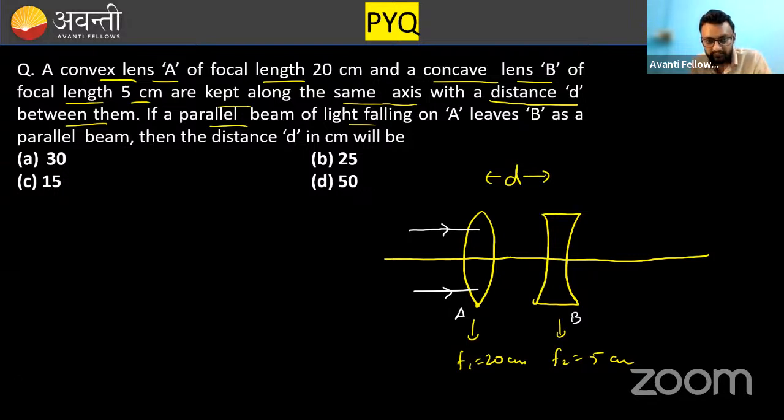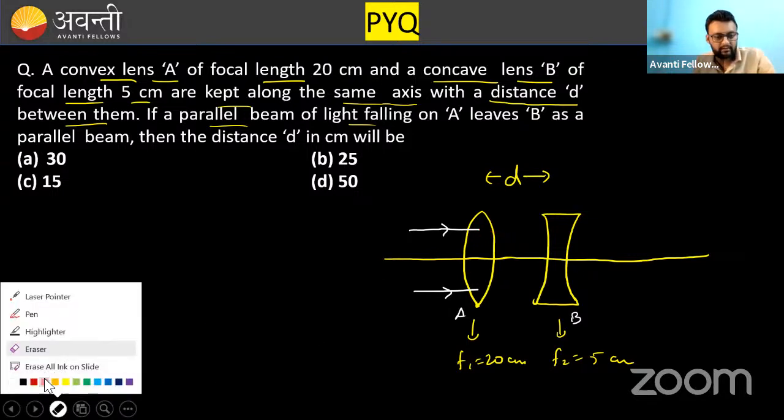Is the point clear what I'm saying? For concave lens, rays will become parallel to the principal axis when they are incident toward the focus. That means if I draw this with some different color pen, something like this. Okay. The diagram should be very clear.